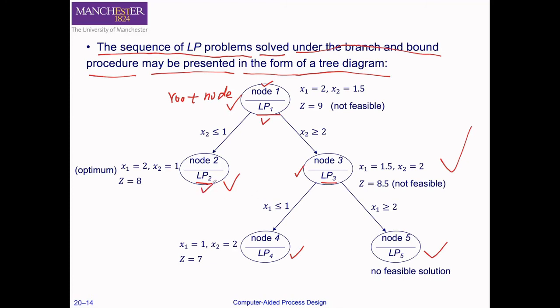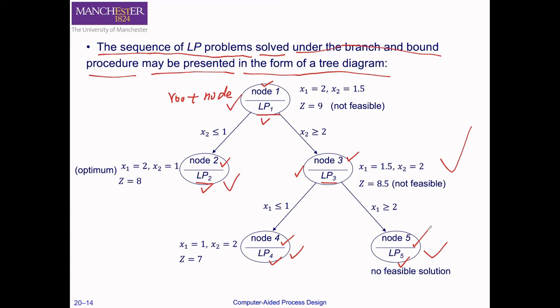This LP2 is a node numbered as node 2. LP3 is a node numbered as node 3. After that, we solve LP4 and LP5. LP4 is numbered as node 4 and LP5 is numbered as node 5.